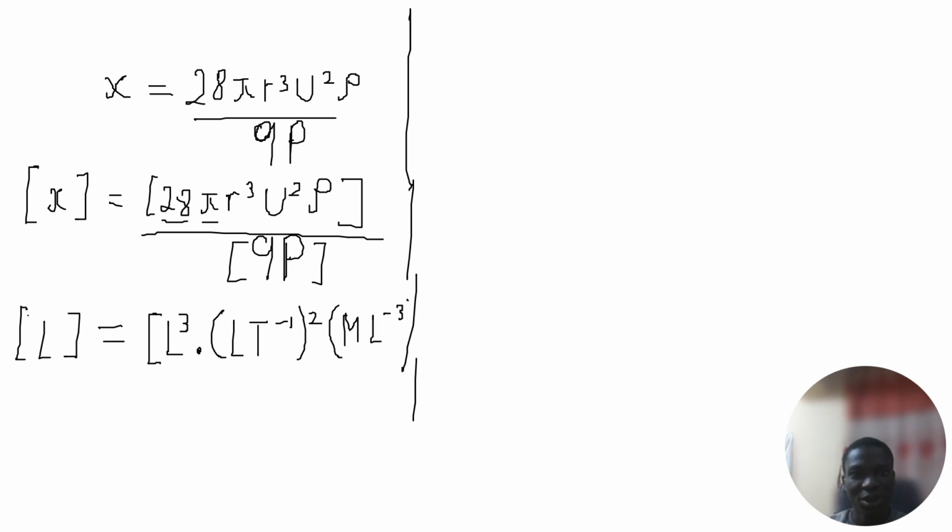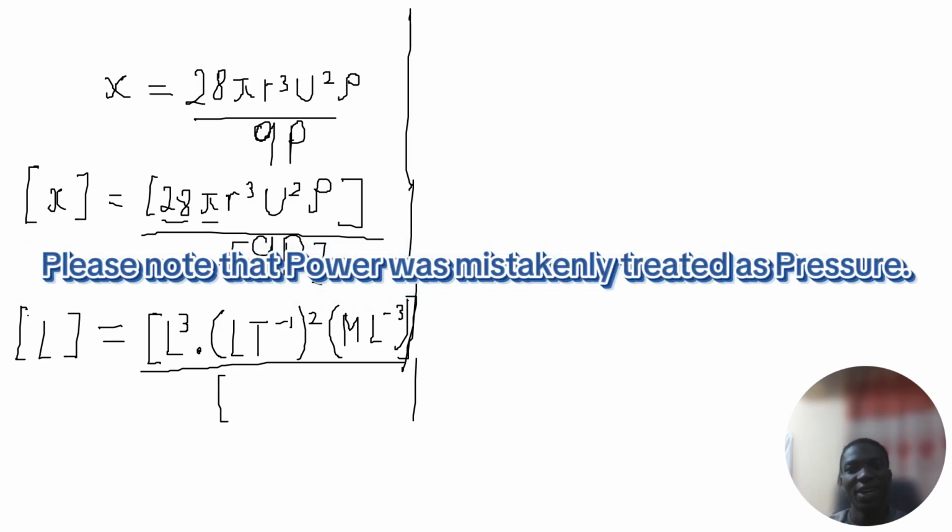Good, and this is what we have here. Everything over what? Over here we have 9, so the dimension of 9 is 1, it's a pure number. The dimension of pressure is force over area. And what is force? Mass times acceleration. That is kilogram meter per second squared over meter squared. We have done this in the previous slide.